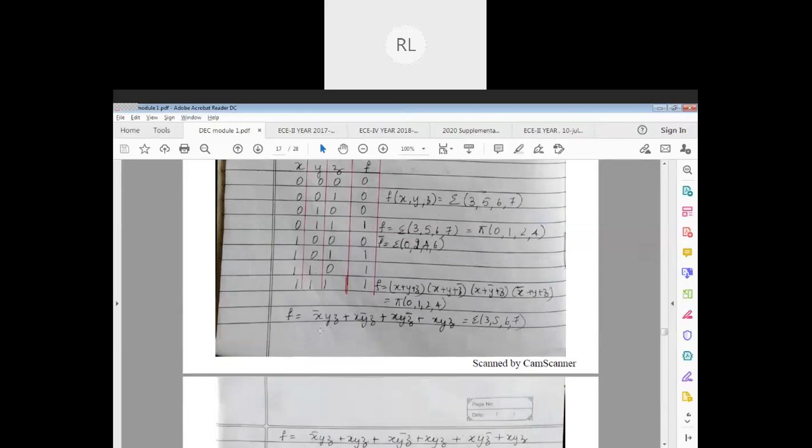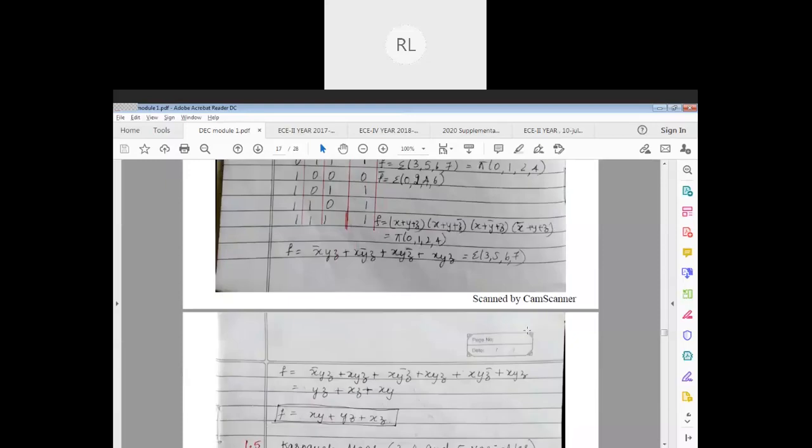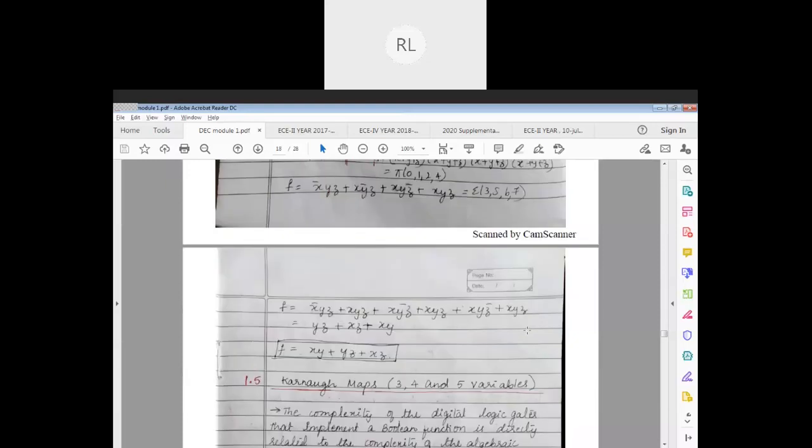So it is like writing 0, 1, 1, which is nothing but 3. And then 1, 0, 1, which is nothing but 5. Similarly, 1, 1, 1 is nothing but 7. So this is how we get 3, 5, 6, and 7.